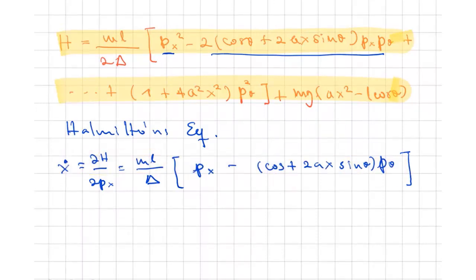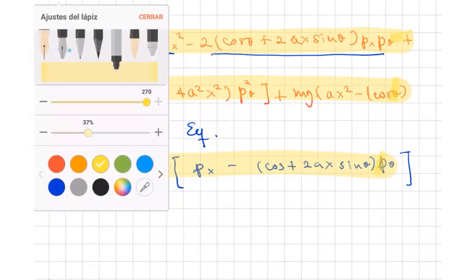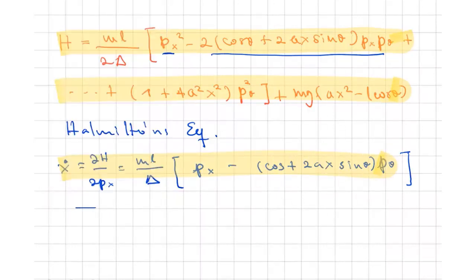The second one would be theta dot. Theta dot, we know that is dH/dp theta, and that is equal to ml divided by 2 delta. Now we calculate the derivative. So the derivative with respect to p theta of px squared is 0, right?